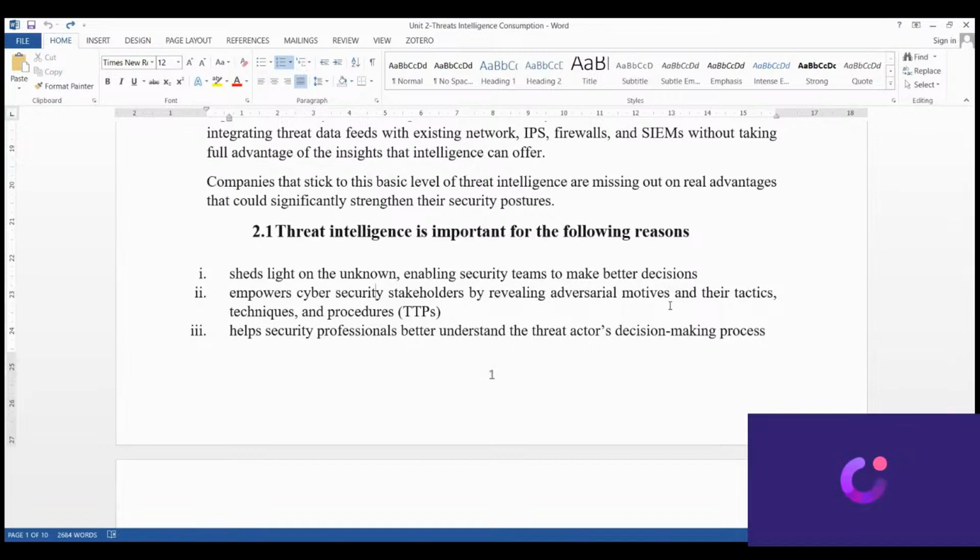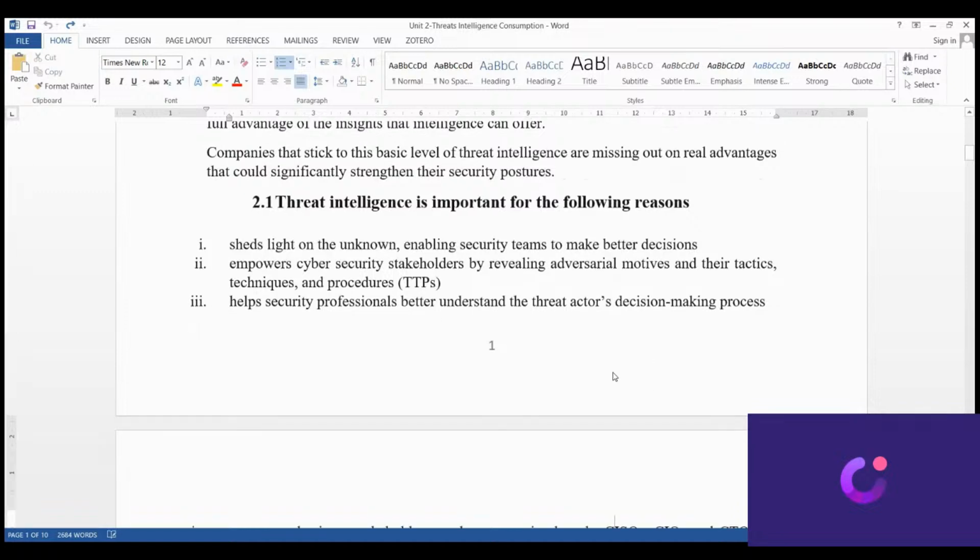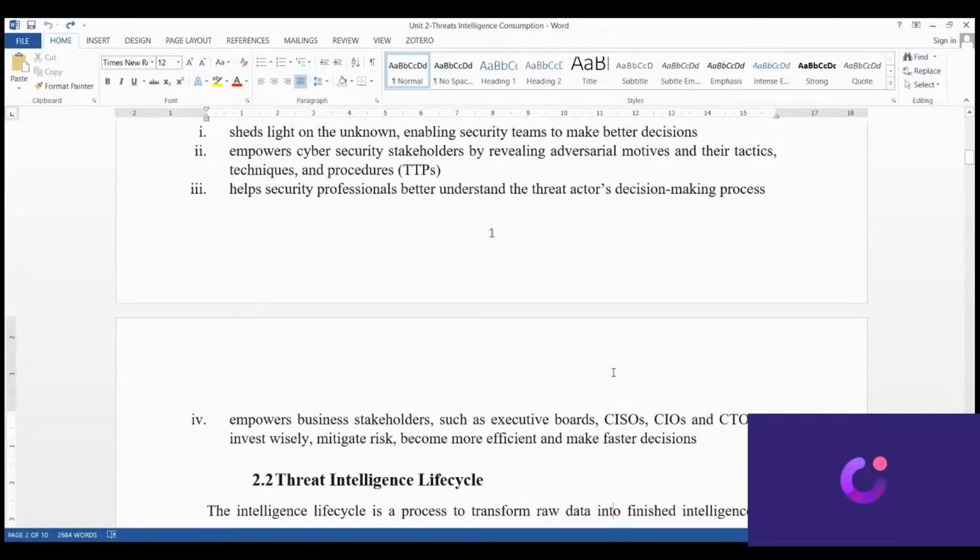Three, it helps security professionals better understand the threat actors' decision making process and the potential threats. Four, it empowers business stakeholders such as the executive board, CISO, and CTO to invest wisely in order to mitigate more efficiently and make faster decisions.